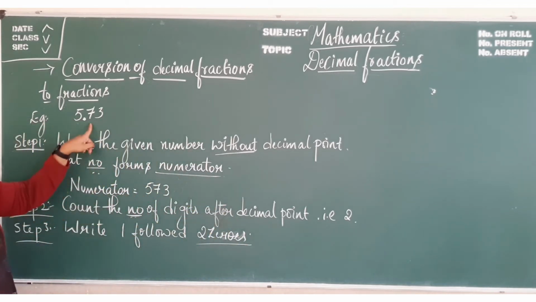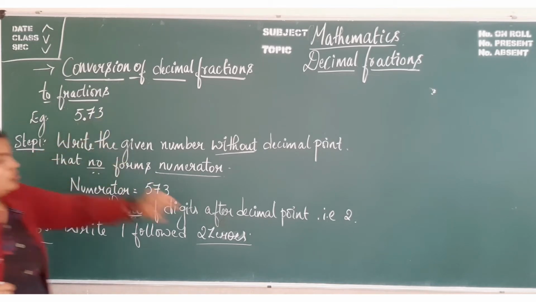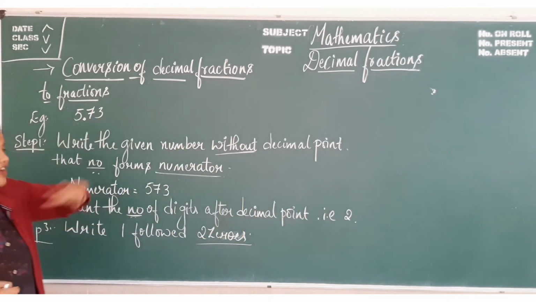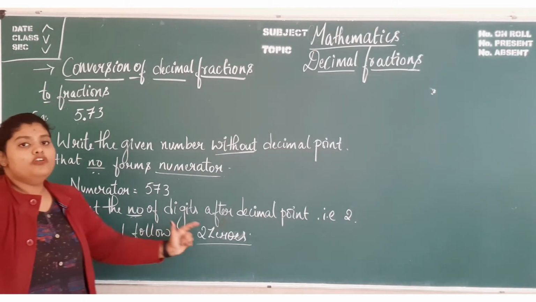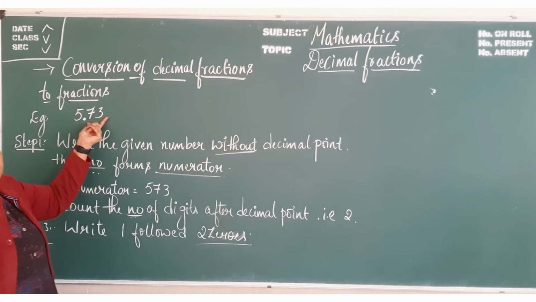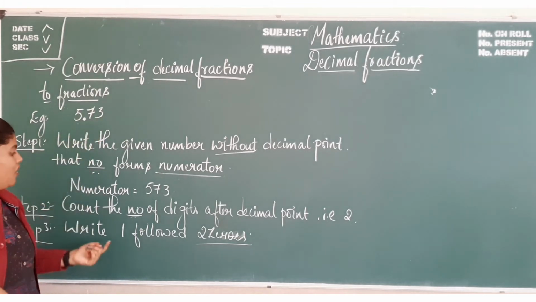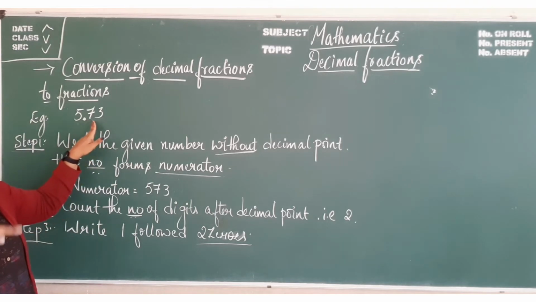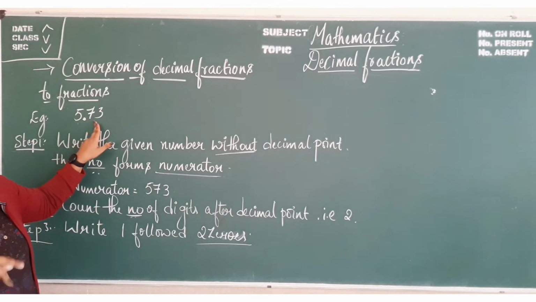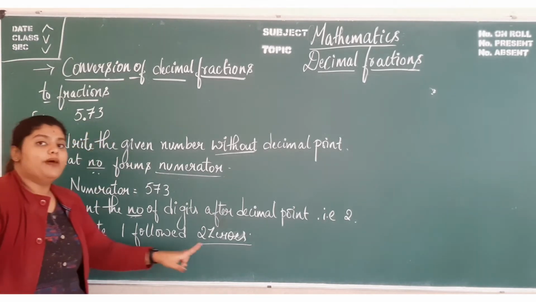What we did was count the number of digits after the decimal point. 1, 2. So we had 2 digits after the decimal point, so we write 1 followed by 2 zeros. If I had 3 digits after the decimal point, I would have written 1 followed by 3 zeros. Since I have only 2 digits, I have written 1 followed by 2 zeros.